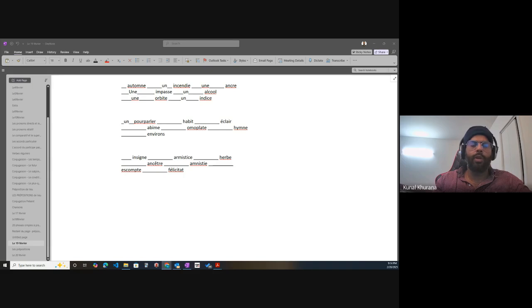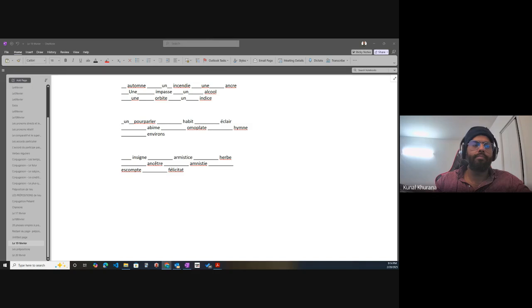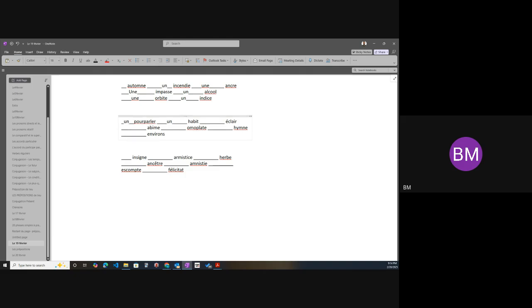If you are going to some party, you can say habit pour les fêtes. If you are going to some religious activity, you can say habit religieux. It's basically a costume, depending on the occasion. So I think it's masculine, right? Un habit.